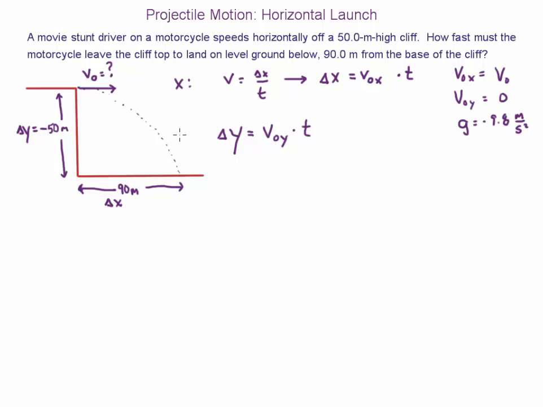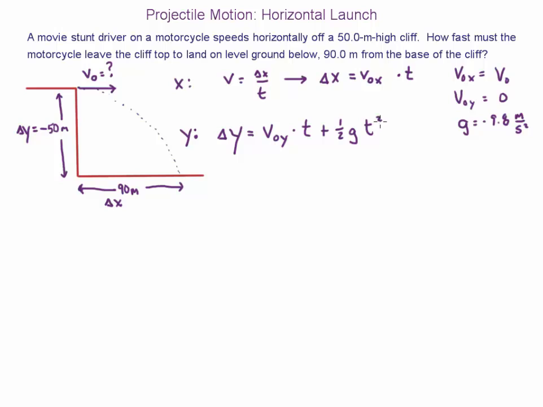The x motion and the y motion is completely independent. We have to let ourselves know which components we're talking about. And all the equations that we use for the y direction will only involve the y components of velocities, and for the x direction, only the x components of velocities. This will make more sense as we get through the problem and do maybe another practice problem.